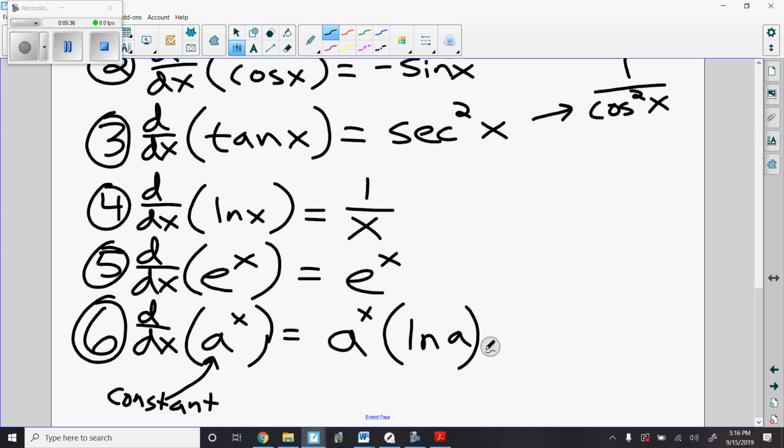Now, if we apply that to number 5 real quick, e is a constant, right? It's a constant numerical value, approximately 2.7. If we think about applying rule 6 to rule 5, the derivative of e to the x should be e to the x ln e. Well, ln e is always equal to 1, so it's just e to the x times 1, which is e to the x. Okay, so we don't have to worry about that.